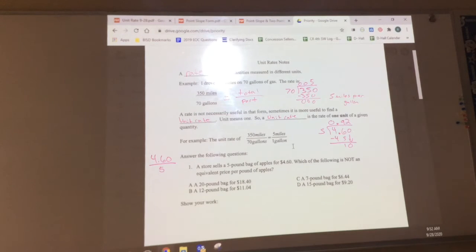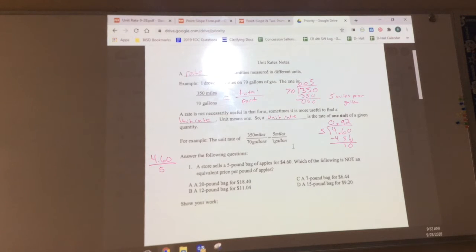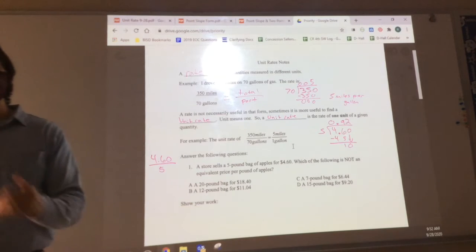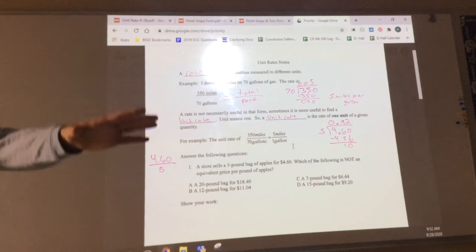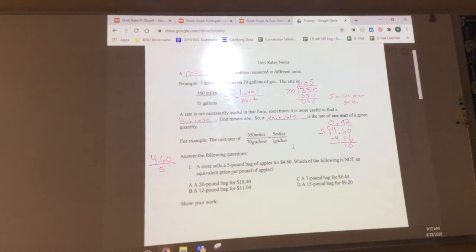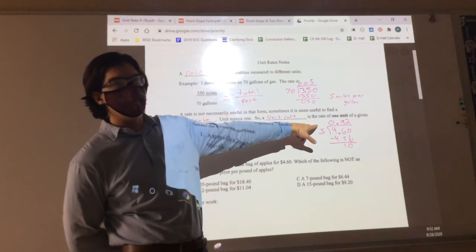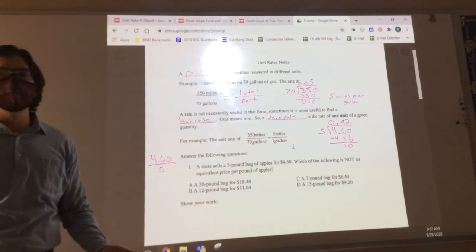You check your answer with what it... Okay, so if we got the same unit rate, then it would compare? Yeah, I agree we could do that, but that takes a lot more division. What's a different thing? Reed, what do you think? You're not wrong, Isaac, it's a great answer. You could multiply the unit rate by the number of times. Once we have the unit rate, or the price per pound, I can then multiply that by all these different amounts and see which one doesn't work out.